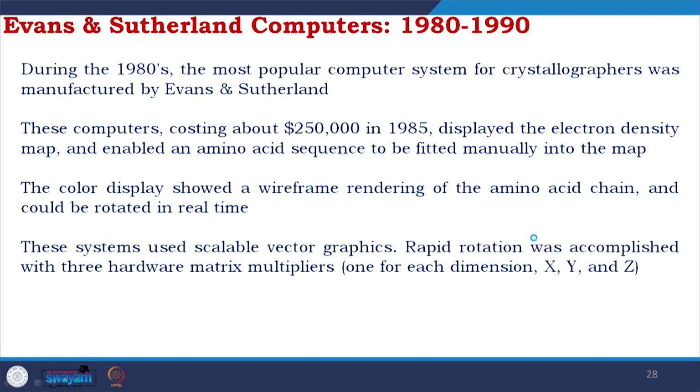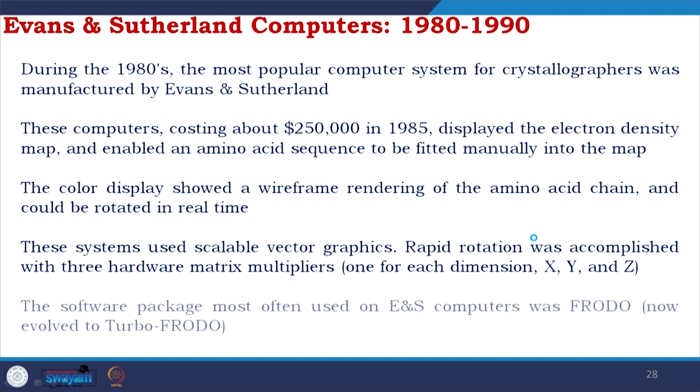These systems used scalable vector graphics. Rapid rotation was accomplished with 3 hardware matrix multipliers, one in each direction x, y and z. The software package often used on E and S computers was Frodo. I will talk about Frodo and its advancement when I talk about the details of a software called Coot.